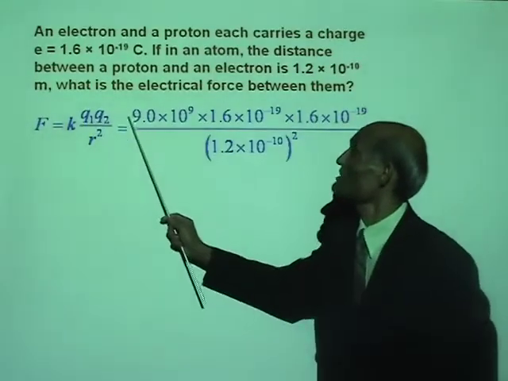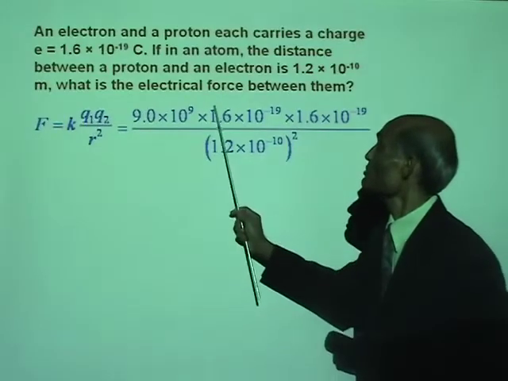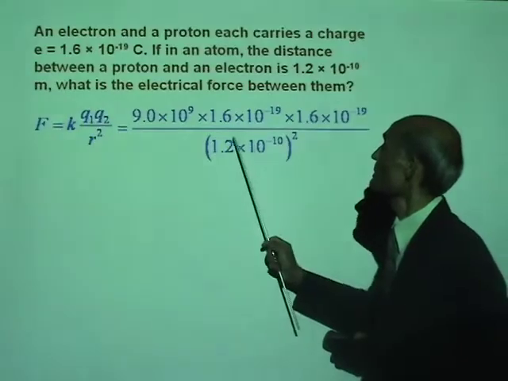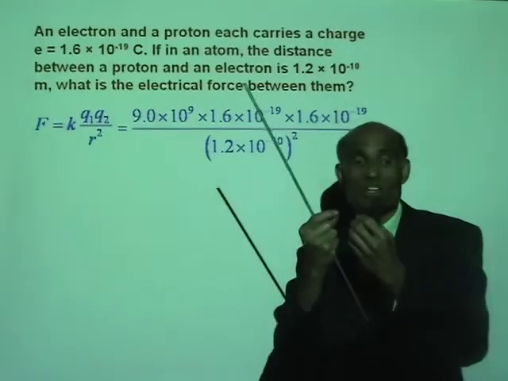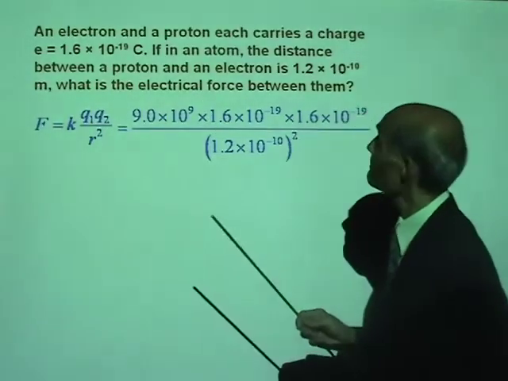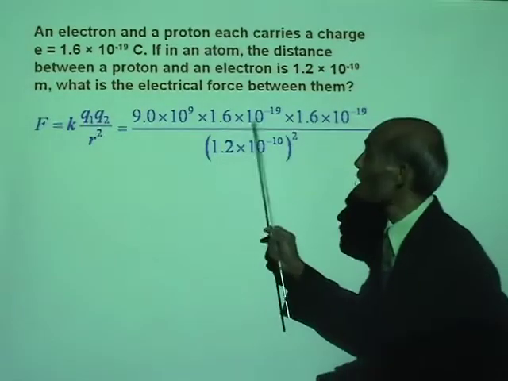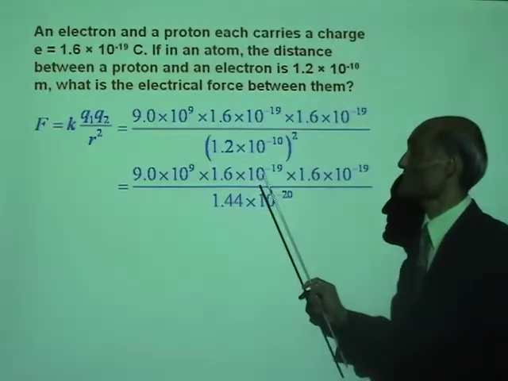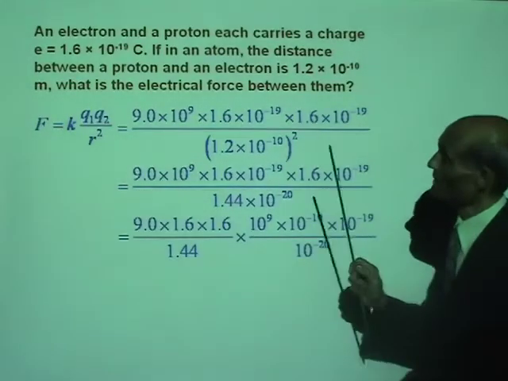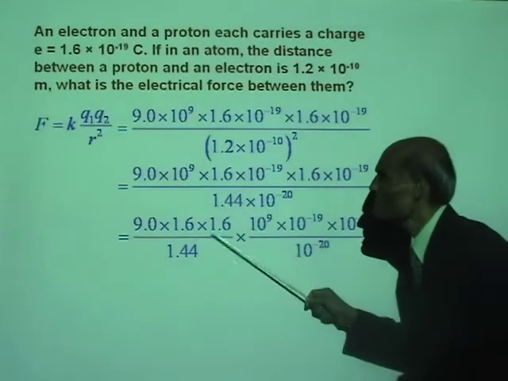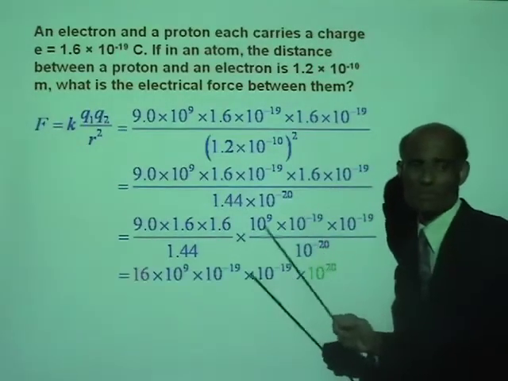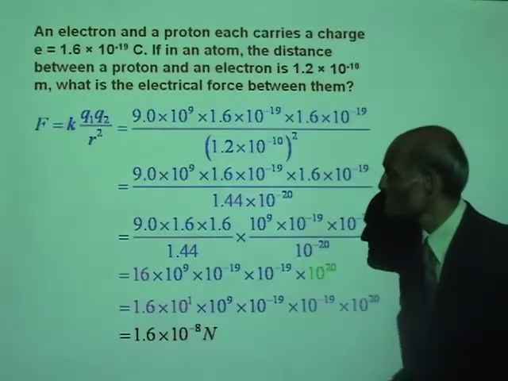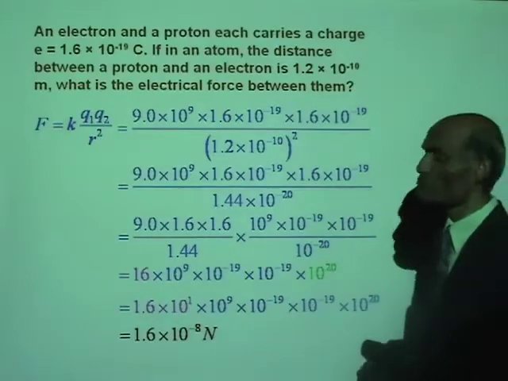This is the value of K, the value of Q1, the value of Q2, and the distance between them. If you know how to put this on a calculator, you can solve it. I have given you the various steps, see whether you can follow them. That will give you a value like 1.6 times 10 to the negative 8 Newton.